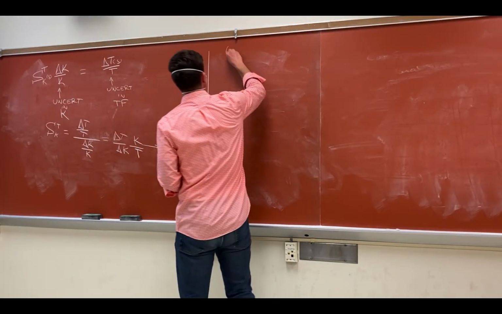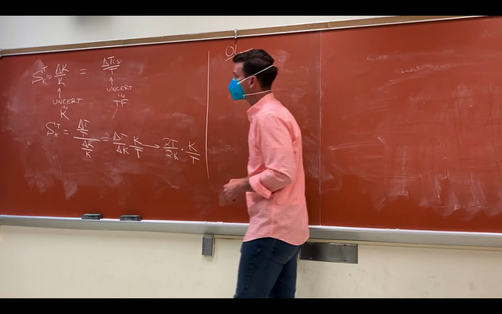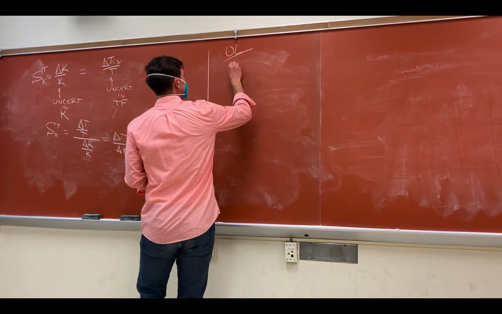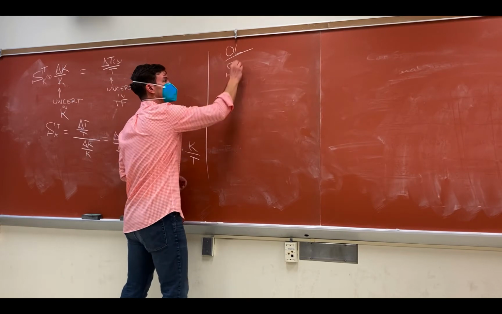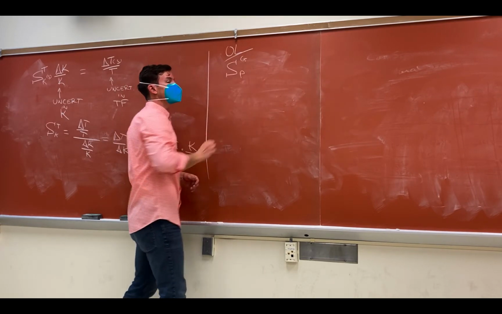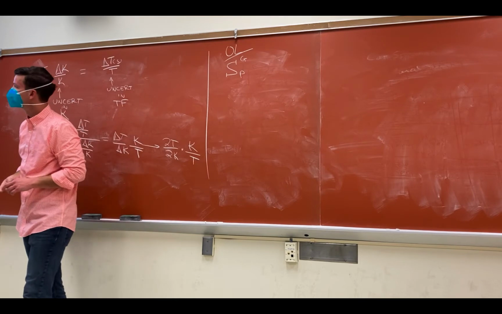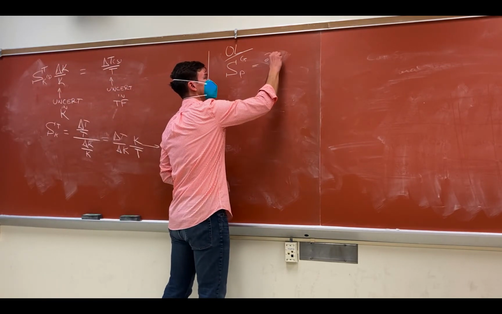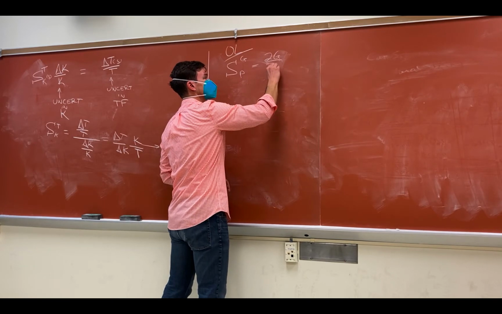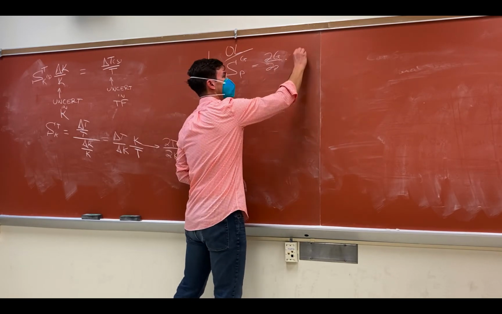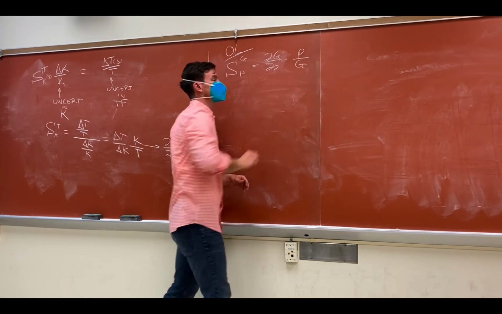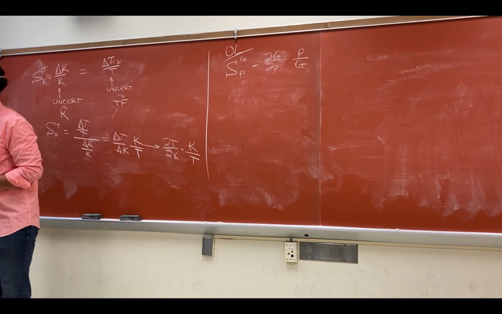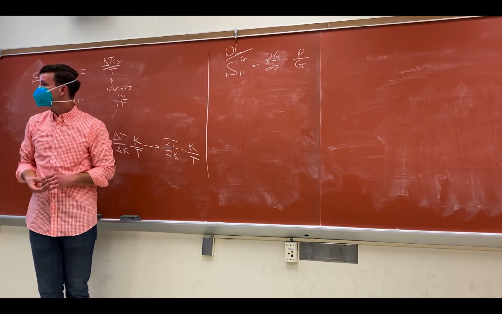So in the open loop case, what are we looking for? We're looking for the sensitivity of G to P. So that's the notation, which is partial of G with respect to P times the flip of that, P over G. All right.